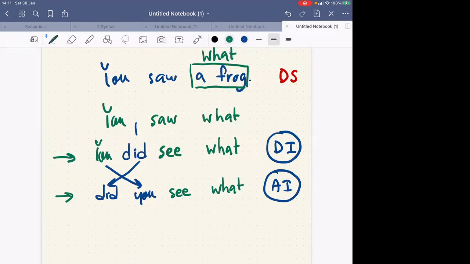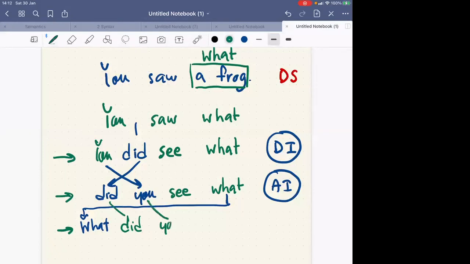Now, the last thing is to move the WH word to the front position. So the what which stays there, we'll have to move here to the front. So we would have what here at the beginning of the sentence. And then we will have did from there and you from there and the verb see here. At this point, the rule that applies is the WH fronting or WF.